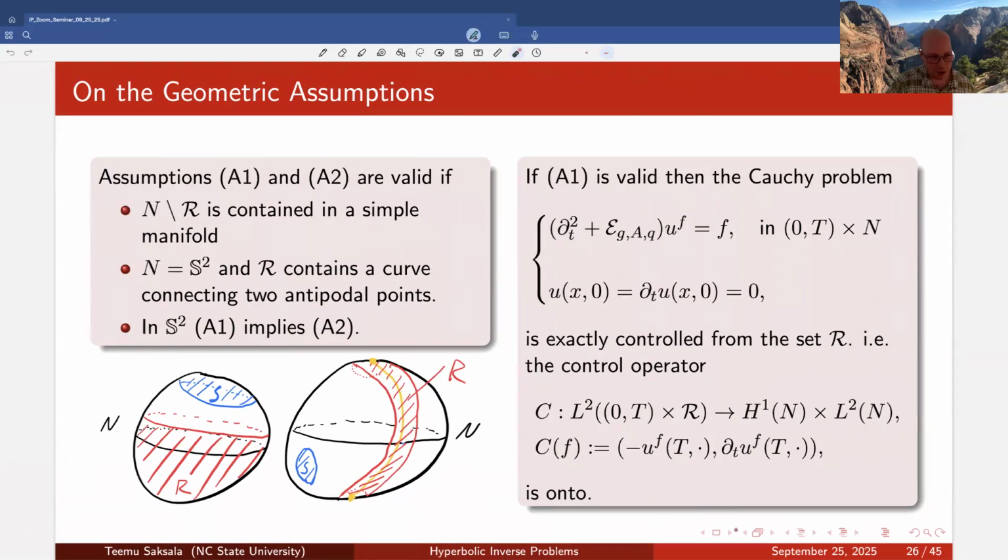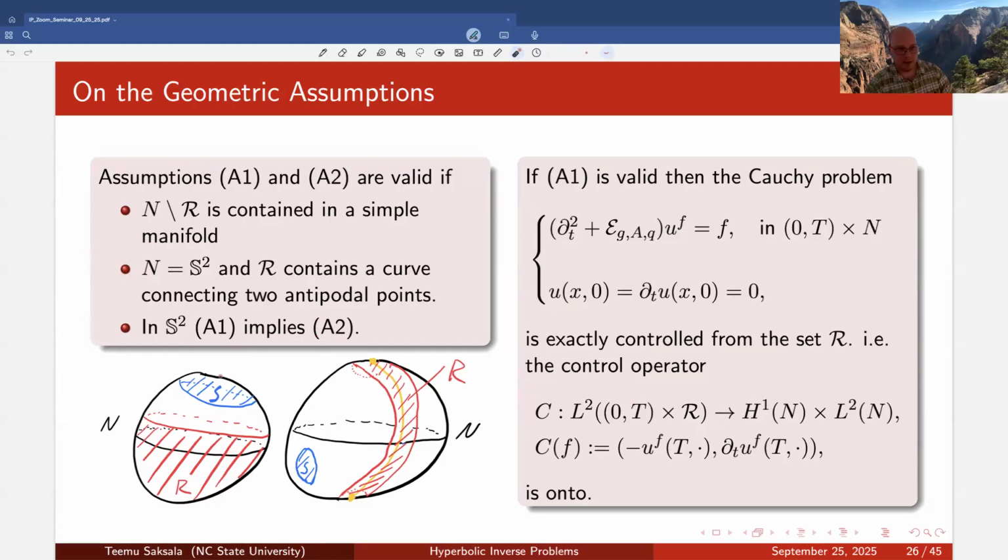So as I mentioned earlier, when could we say that these conditions are true? For instance, if you look at the first picture here, my manifold N is just a two-sphere, and I say that my R set is very large. Here my R set is something larger than a hemisphere, which means that the complement of R is actually a simple manifold, because any set smaller than a hemisphere is simple as long as it has convex boundary.